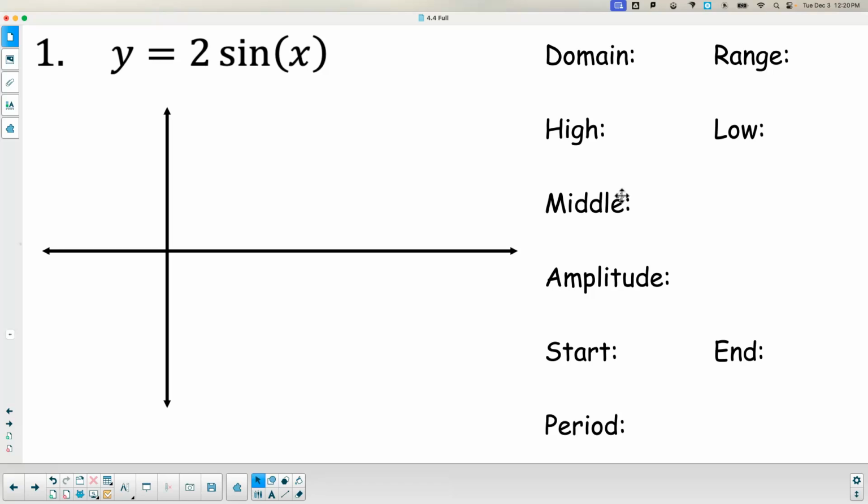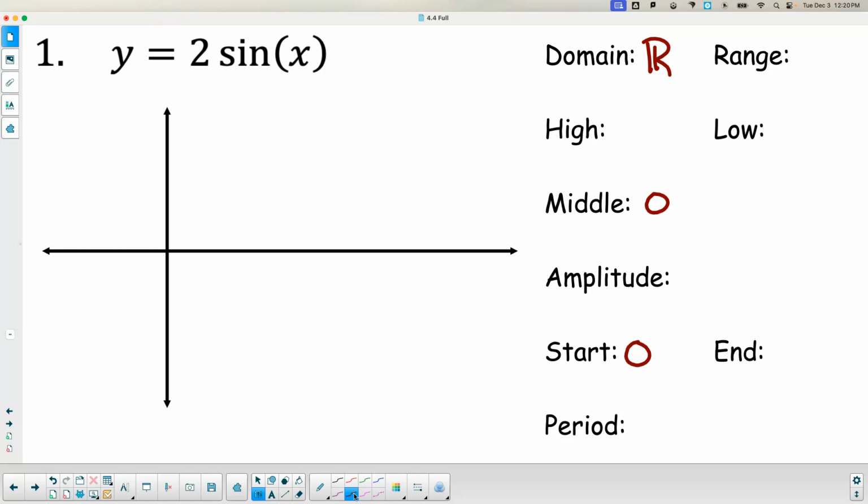So the domain is always all real numbers. For right now, your middle is always going to be 0 until Thursday. For right now, your start is always going to be 0 until Thursday.